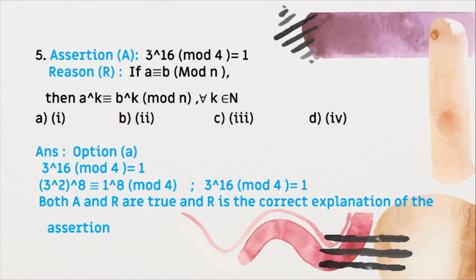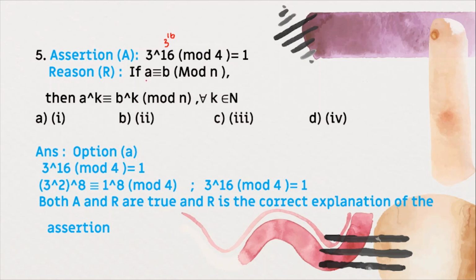Question 5: 3 to the power 16. Whenever a bigger power comes, we use little Fermat's theorem. First, we will see this question. 3 power 16 mod 4 is 1.